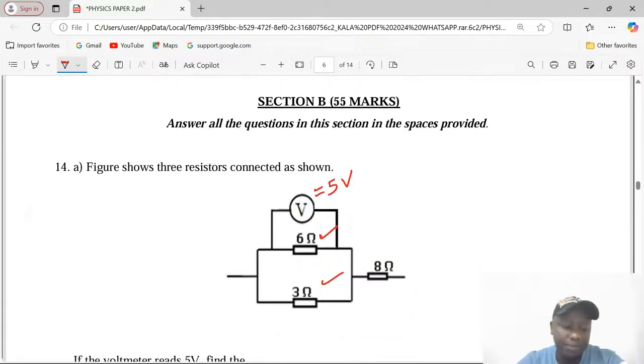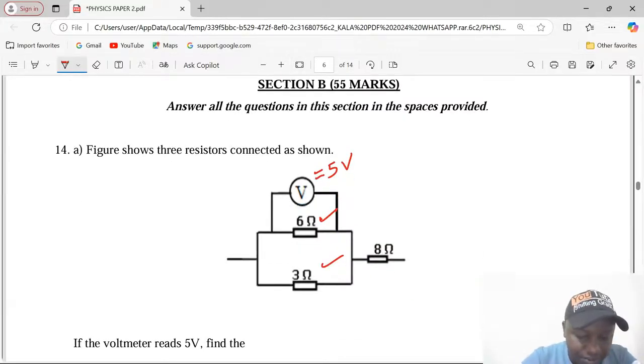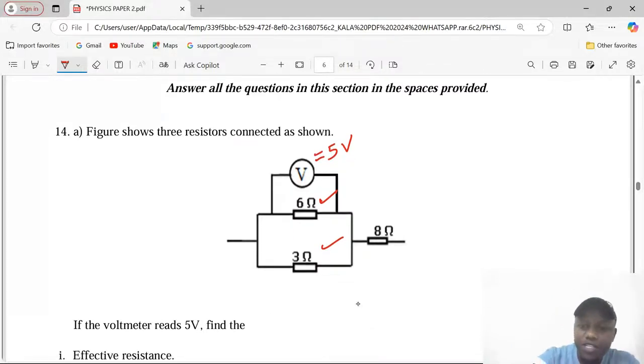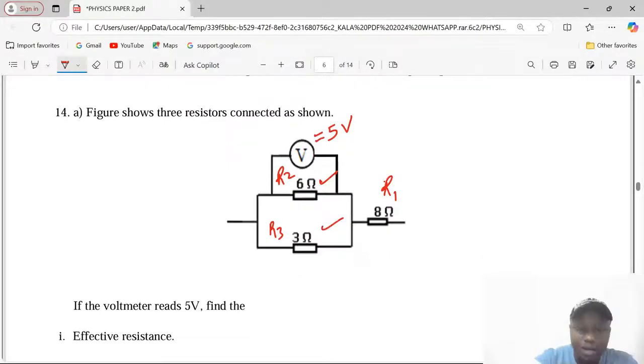Okay, yeah, we are back. All right. So we're supposed to know if this one is led to be maybe resistor 1, then resistor 2, then resistor 3.